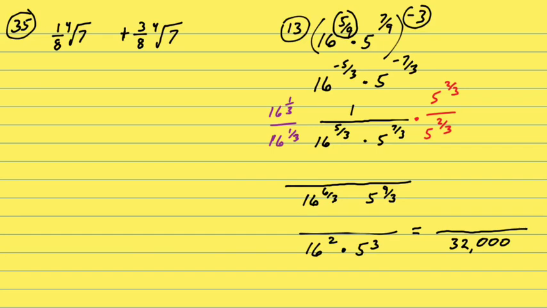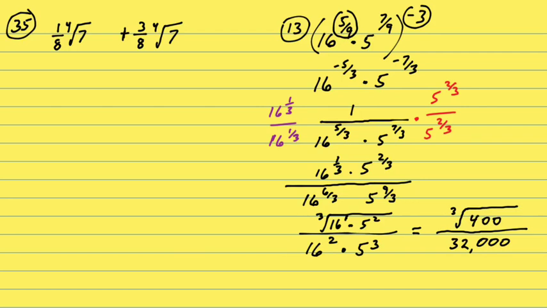On top, I would get 16 to the 1/3 times 5 to the 2/3. That makes the 3rd root of 16 to the 1st, and the 3rd root of 5 to the 2nd. So that would be the 16 times 25, which is 400.